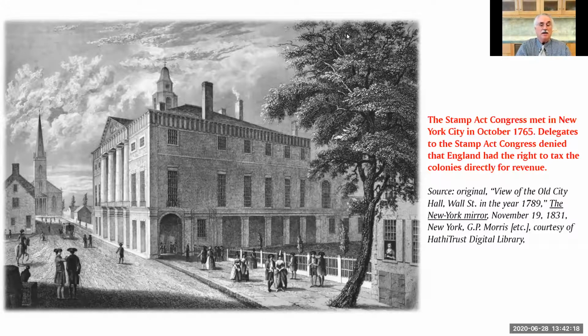But this is where the Stamp Act Congress met, and the delegates to that Congress debated. They talked about what rights England had or did not have, in their opinion, to tax them. And the Stamp Act Congress denied in a formal statement that England had the right to tax the colonies directly for revenue.